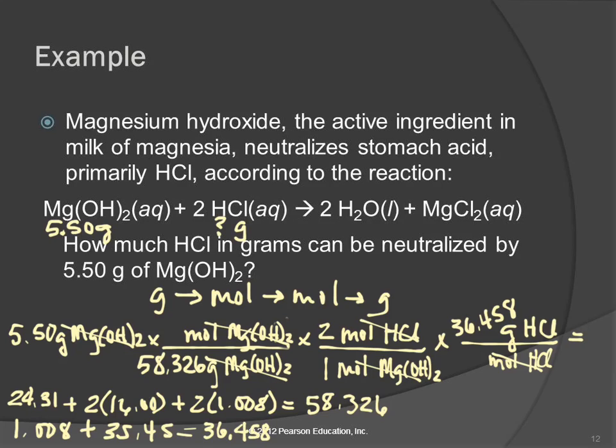5.50 times 1 divided by 58.326 times 2 times 36.458 equals, again with the 3 sig figs, so 6.88 grams of HCl.